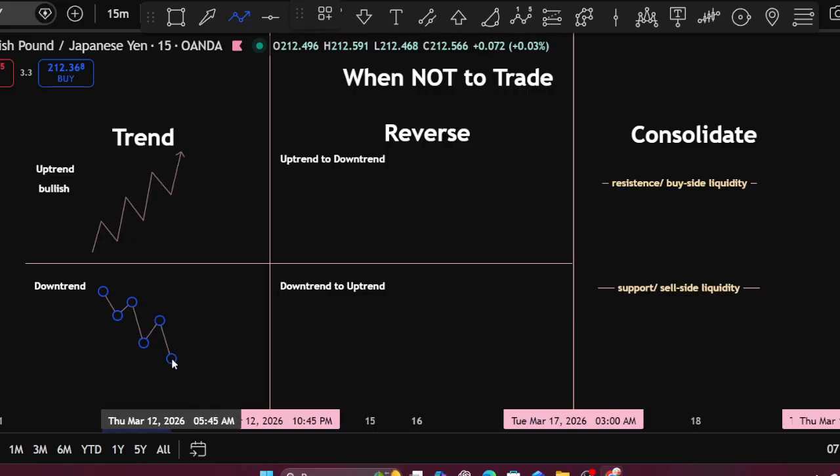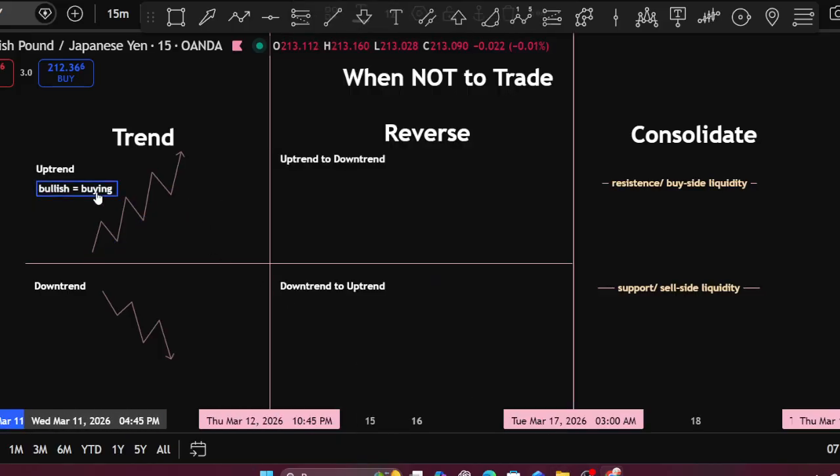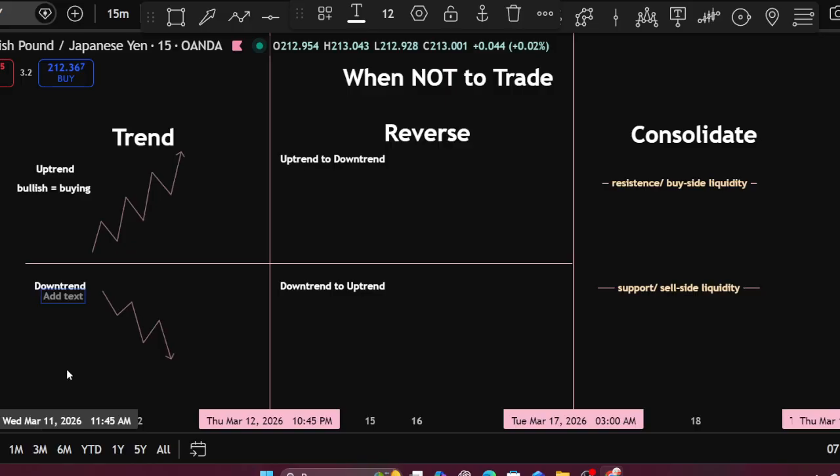That's some vocabulary that you may need. So I'm going to put bullish equals buying. Okay, and this will be your bearish.